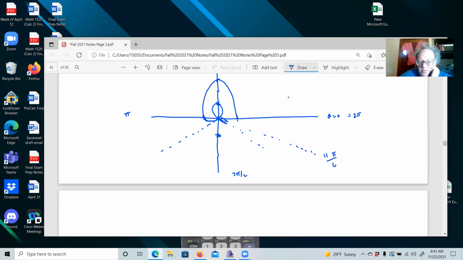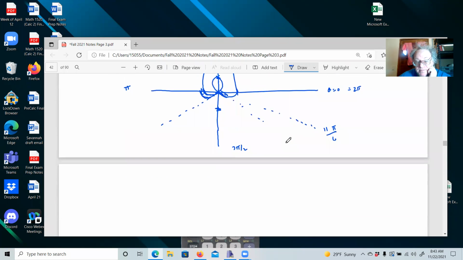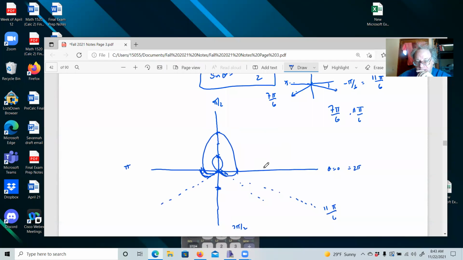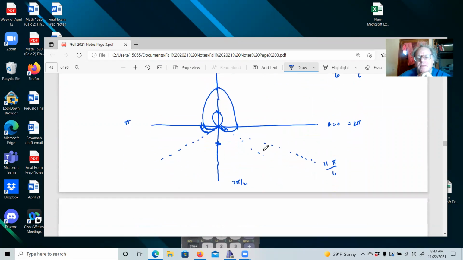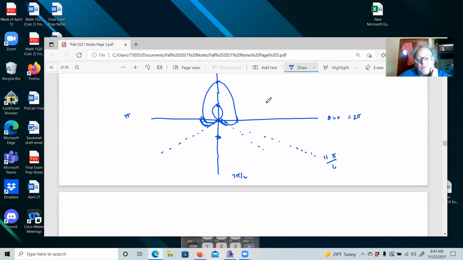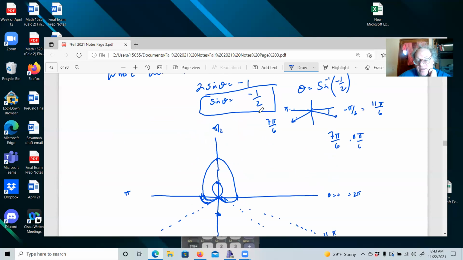That's terrible. Let me make this a little bit bigger to give it the same little loops that the other side has. So it should be a symmetric graph. But that's how you graph this. So that's what we have for how to graph these things.